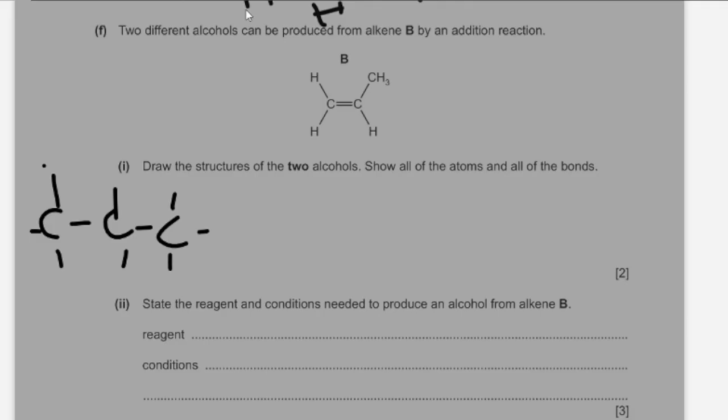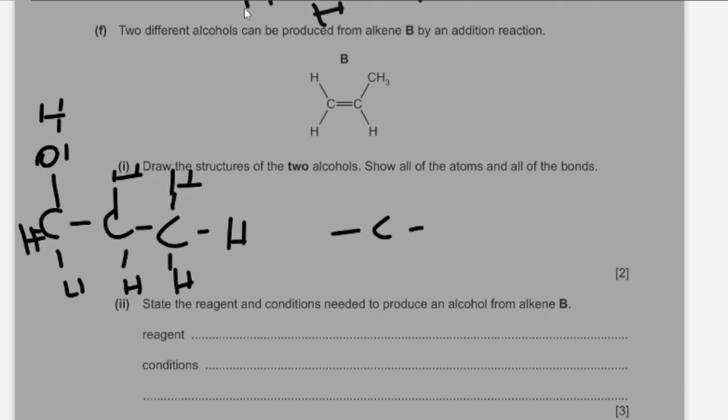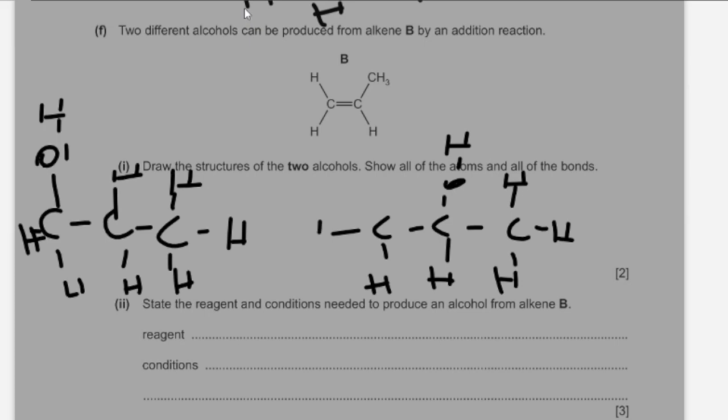Alright, so in the first structure, I'm going to be drawing the alcohol group with the first carbon. And its isomer, that is the second structure, would be having the alcohol group bonded with the second carbon. So the position of the group changes, but the rest of the structure remains the same.